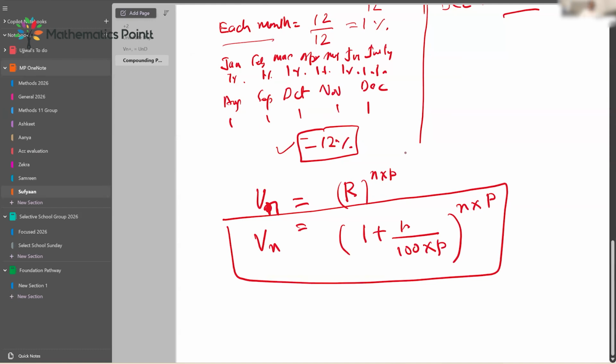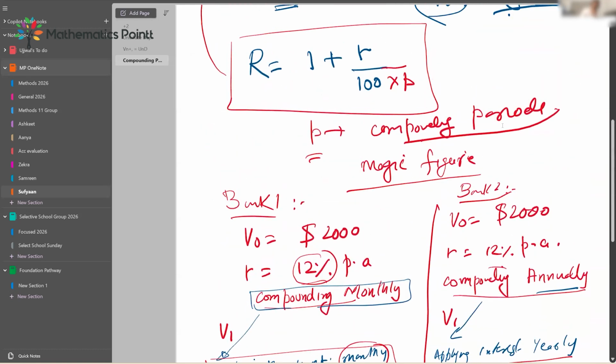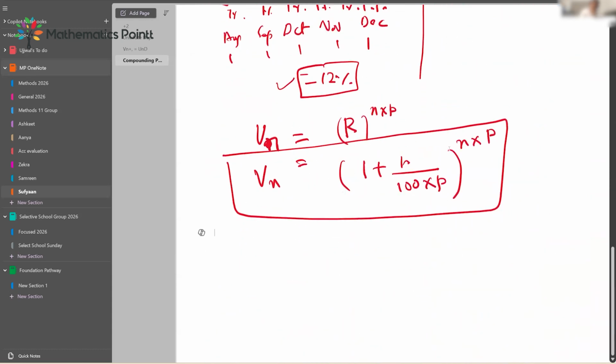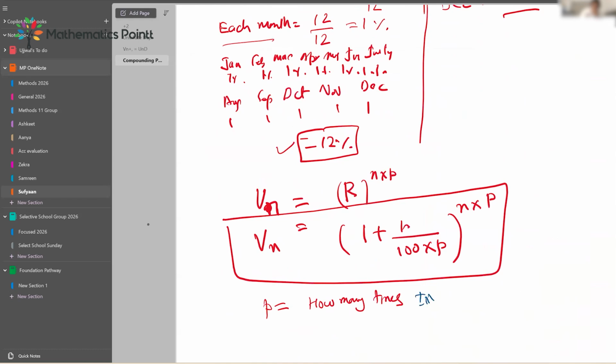Now let's understand what this p is. I said this p was nothing but compounding periods, or I call it the magic figure. Now, p is nothing but how many times, and the most important words are in a year, the interest is applied.